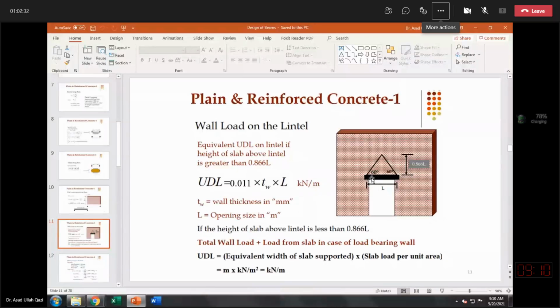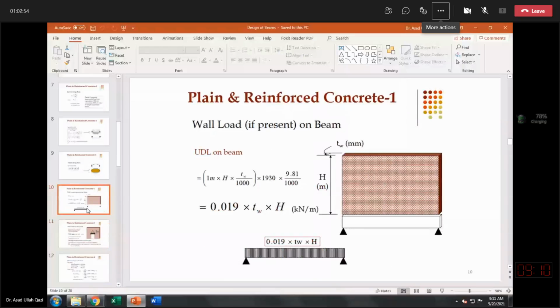How to estimate the load if that lintel has brick courses above. These slide numbers 10 and 11 are also explained in the recorded lecture. On slide number 10, the discussion is how to estimate the uniformly distributed load of the wall on the beam if a wall is present.